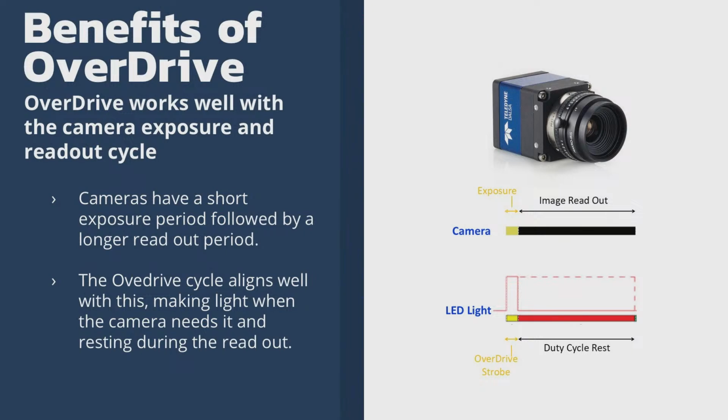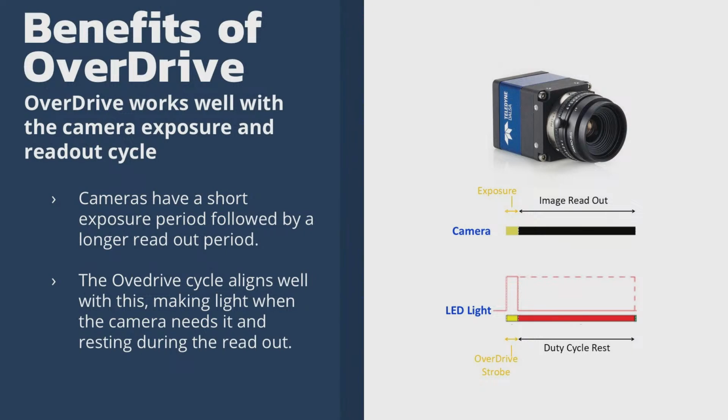So when the camera exposes, our light is on in the overdrive period, but when the camera takes much longer than that exposure to read that frame out, even a high-speed camera, it takes tens of milliseconds to read out a frame, then for that longer time, we can have our overdrive off period, cool the LED, and be ready for the next frame.